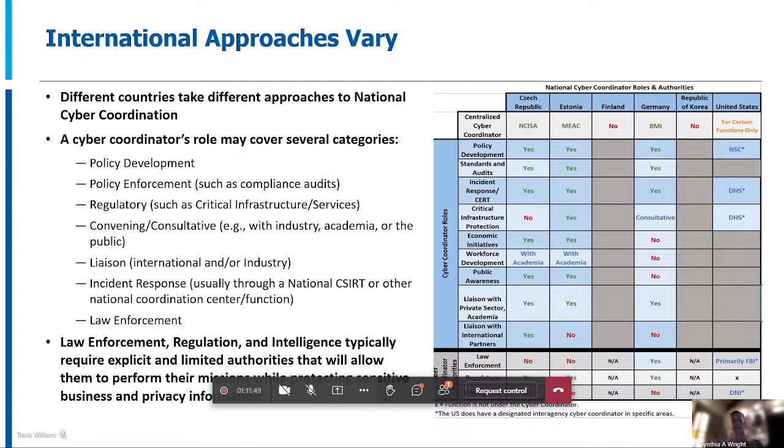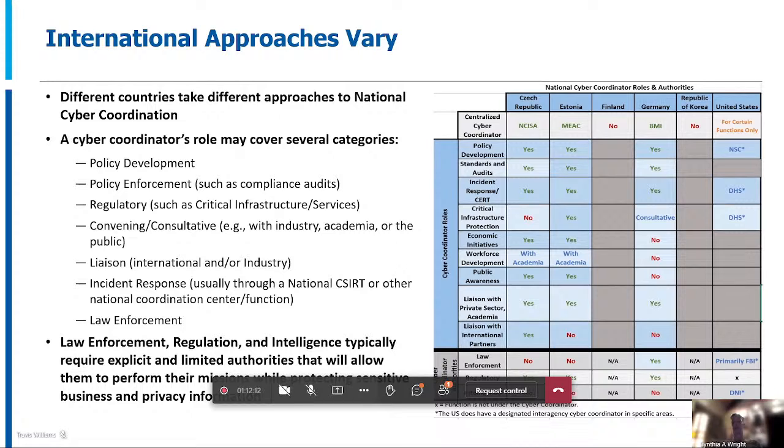A liaison to international entities or to large industry functions. And an incident response role in the coordination and oversight piece, not typically down at the technical level. And then occasionally, some cyber coordinators may also have a law enforcement role.